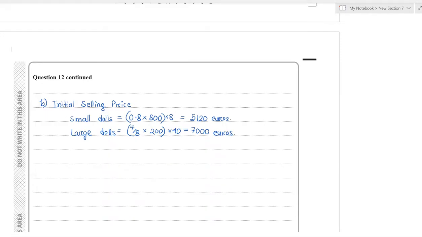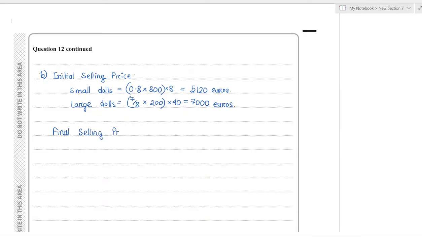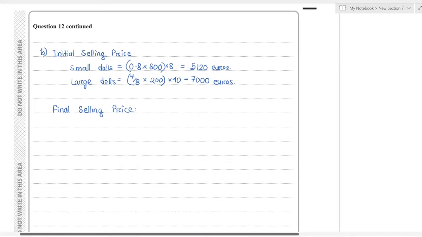Now the leftover dolls were sold at 40% less price. 40% less price means 60% of 8 and 60% of 40, right? So the final selling price was for the leftover small dolls. That means after selling the 80% of 800 small dolls, how many small dolls were left?